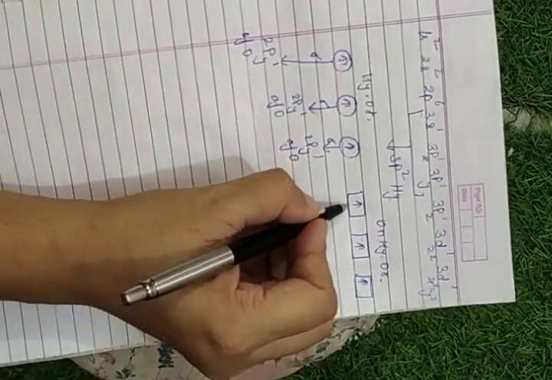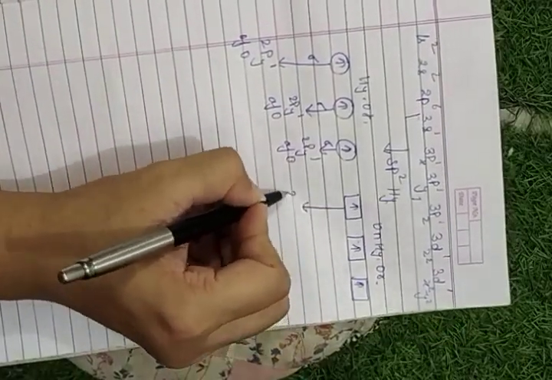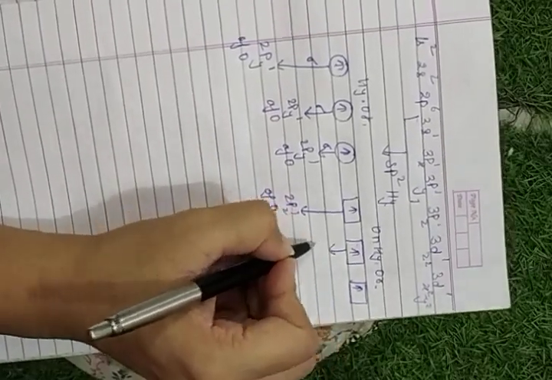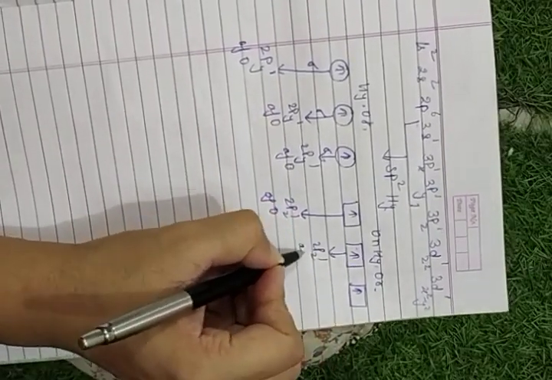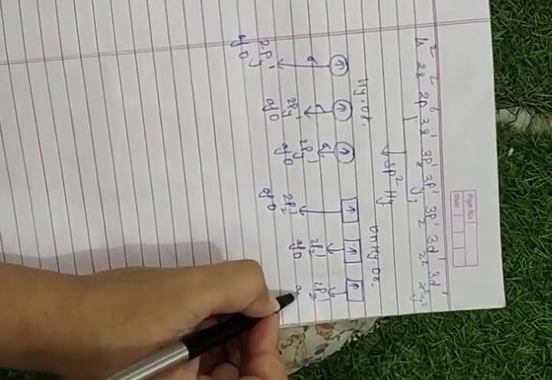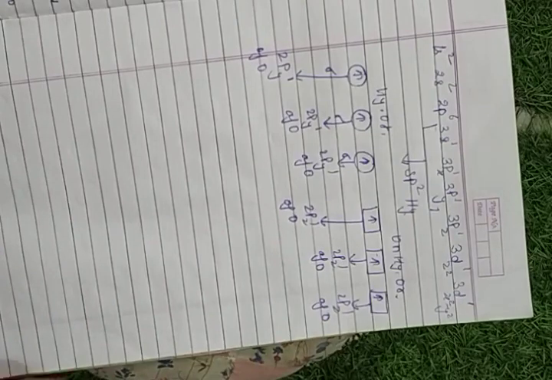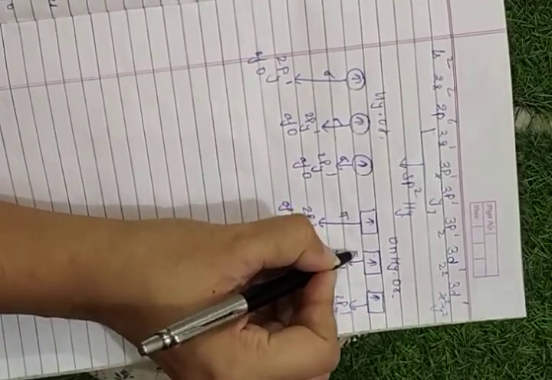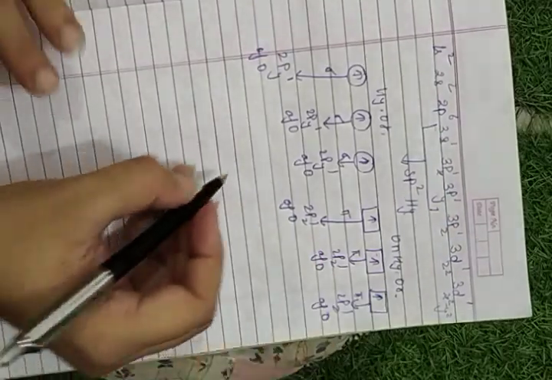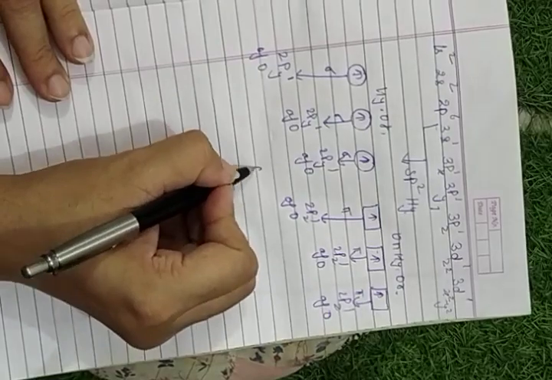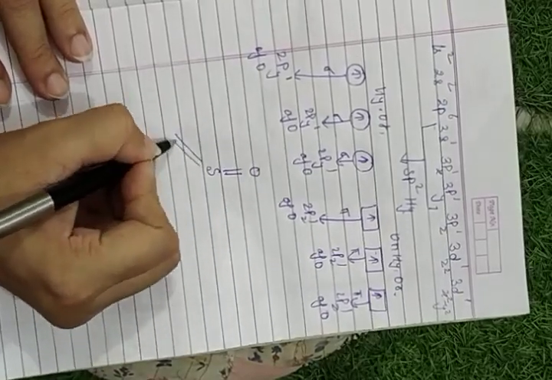And the unhybridized 2pz of the first oxygen, 2pz of the second oxygen, and 2pz of the third oxygen atom overlap to give pi bond formation. So the structure of sulfur trioxide is this triangular shape.